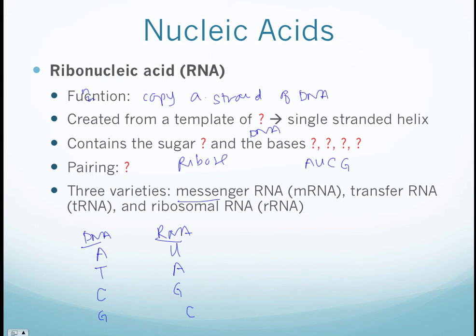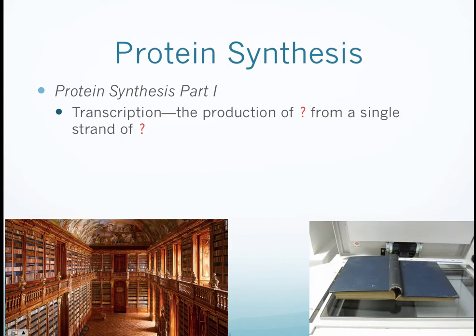And there are 3 different types of RNA. We have messenger RNA. This one's going to do all the dirty work for us. We have transfer RNA. This is going to bring our specific amino acid that we need. And then we have ribosomal RNA. This very first part of how we produce this protein is called protein synthesis.